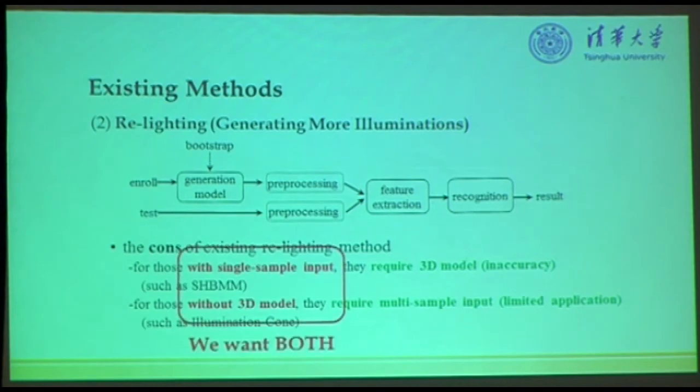So what we want is to use a single sample as input, and at the same time get rid of the 3D model. We want both. But how can we achieve that? In order to solve the ill-posed problem, we have to put some knowledge into our algorithm.